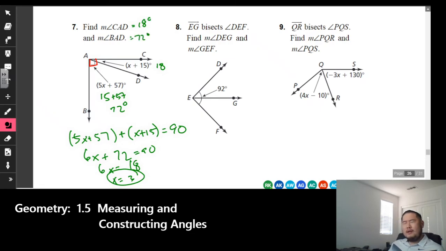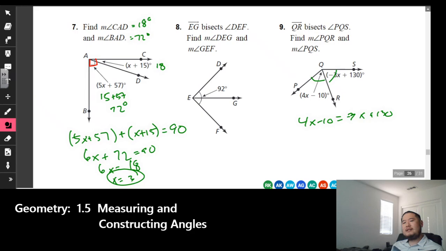All right, 8 and 9. Remember, what does it mean if an angle is being bisected? It should tell you that the two parts are equal to one another, because you're splitting the angle in half. For example, on number 9, if it's being bisected, then they're congruent. 4x minus 10 is equal to negative 3x plus 130.